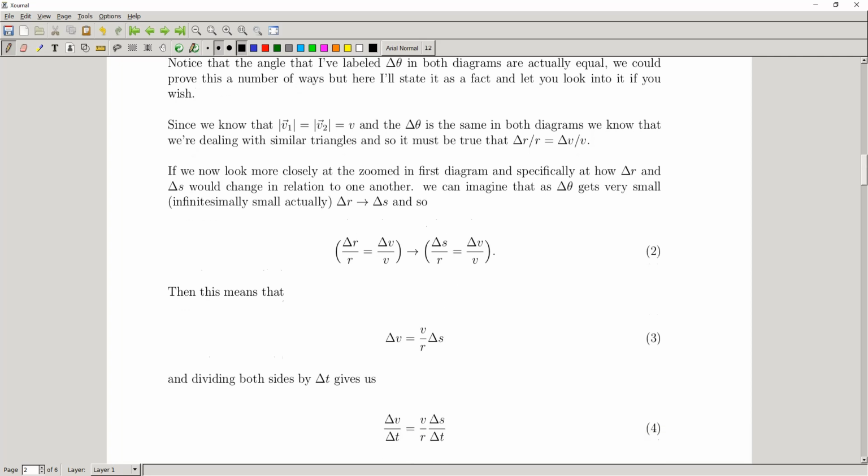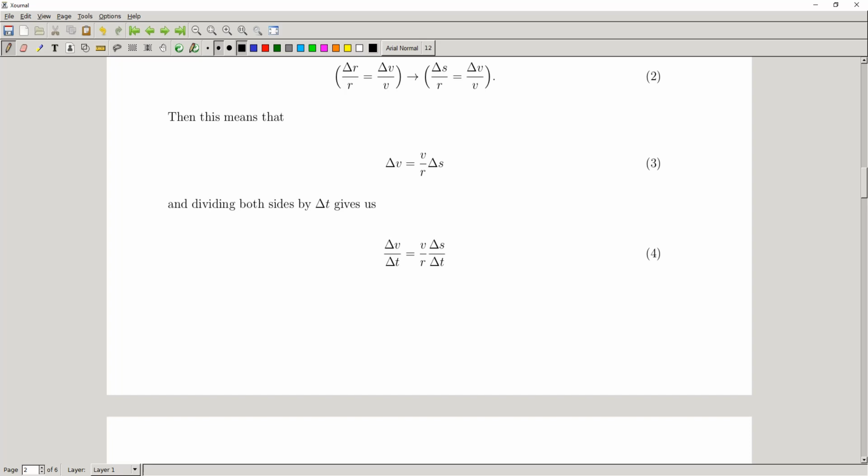And now if we divide both sides by delta t, which we're free to do, the time that this happens, well, this side over here is just what we defined as our centripetal acceleration, at least the magnitude of it for now. We know its direction is pointing radially inward. And what's this over here? Well, this is just our change in arc length over our change in time.